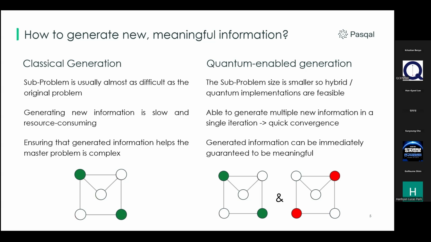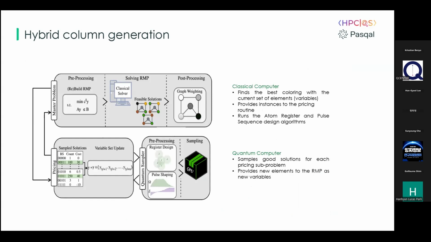So the information a quantum component generates is inherently probabilistic. Therefore, what it would propose to enrich the solution is naturally not just one new solution candidate, but many solution candidates at the same time. This fact can accelerate the convergence, can accelerate the performance of the algorithm itself.